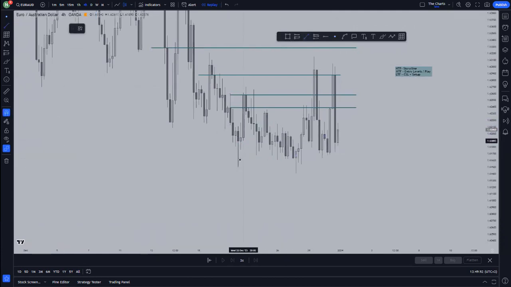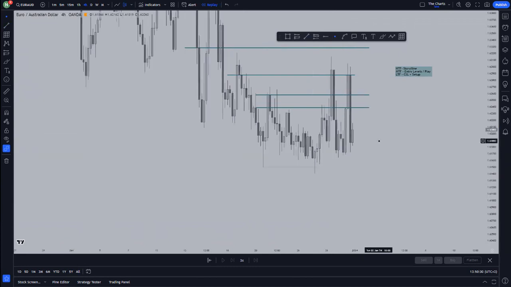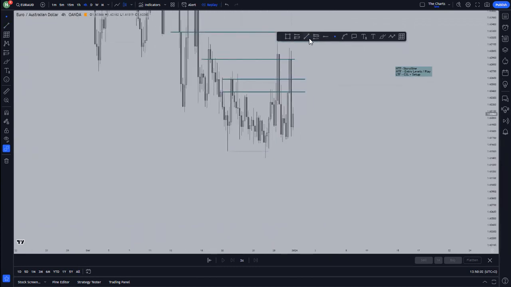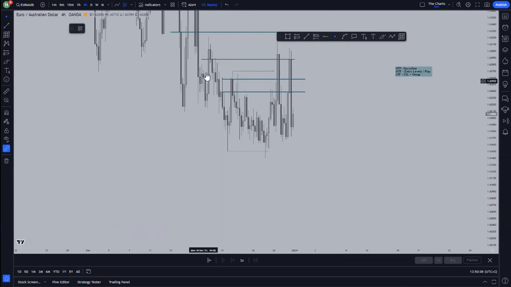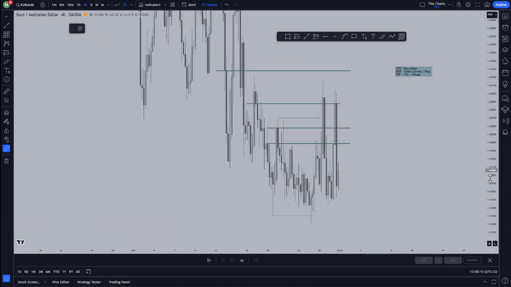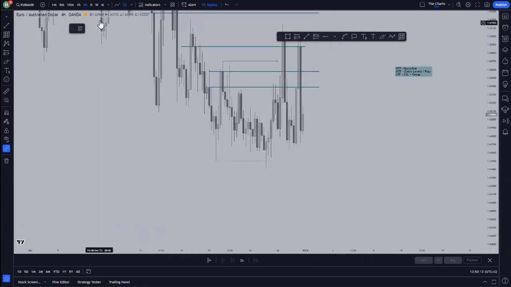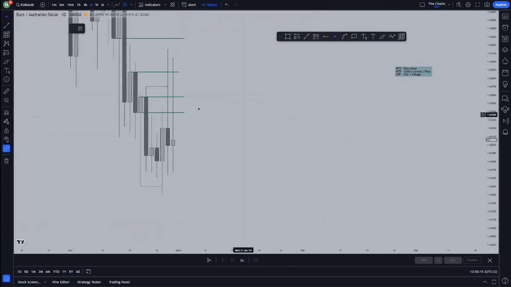So the most important one, if you're going to be looking at a couple of pairs, I would suggest that you only look at MSU type 1. Only look at MSU type 1, because this is the one that's going to give you high probability. So if you see an MSU type 1 right here, then it's very easy for you to identify that this is not going to be significant.